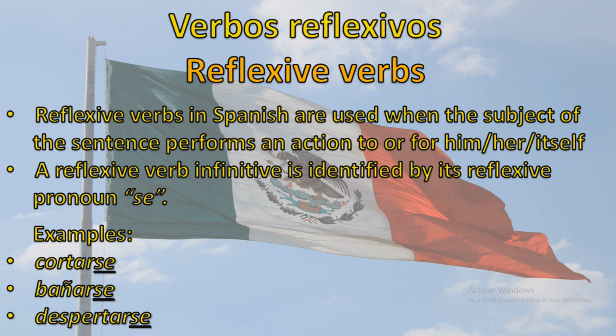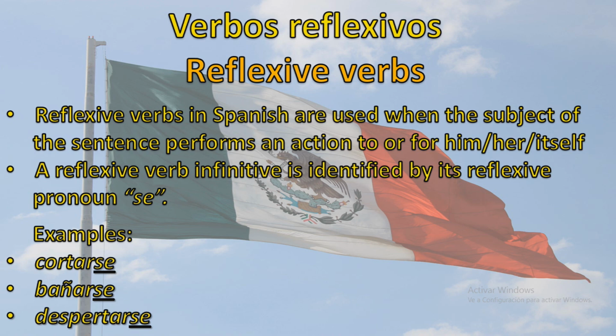So if you look in a Spanish dictionary for these words just like this, cortarse, bañarse, despertarse, you won't find them, because in the dictionary they show the infinitives of the verbs, which are the three groups that we saw in the previous lesson.